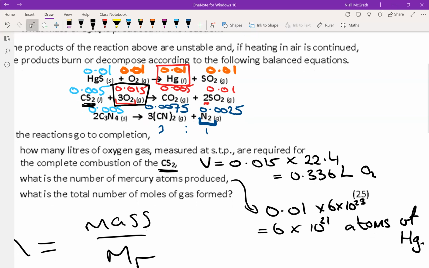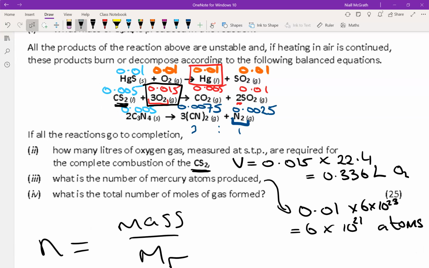Alright, and the last question, what is the total number of moles of gas formed? So it's the number of moles of your gaseous products. If we look at these equations, you'll notice that after them they have an L or a G or an S after them. That tells you what state they're in. So our HgCS2 there is solid because it has an S after it.